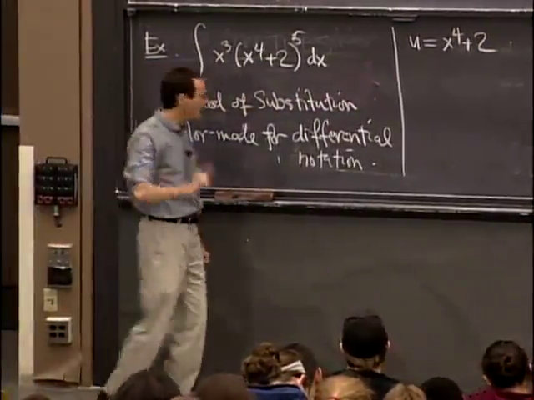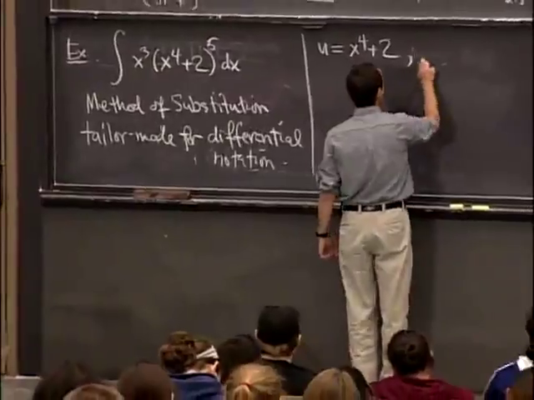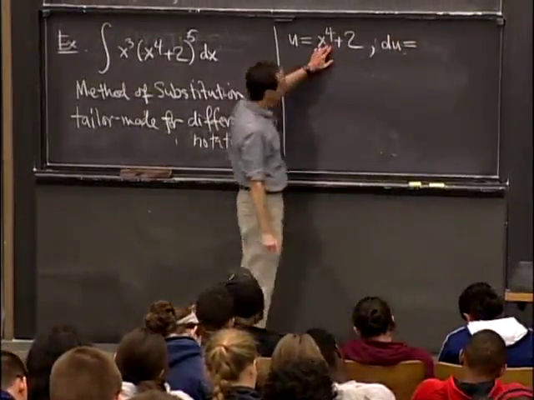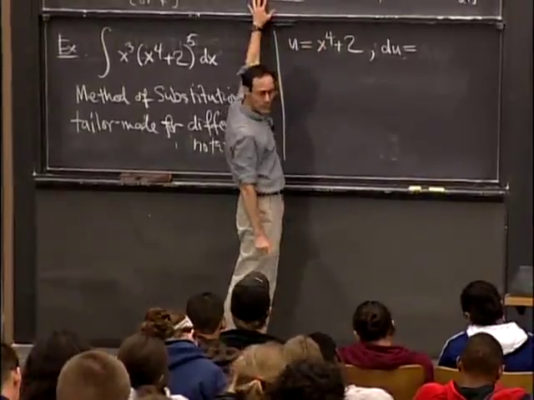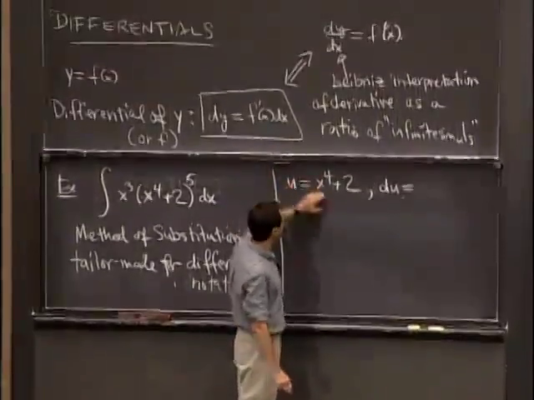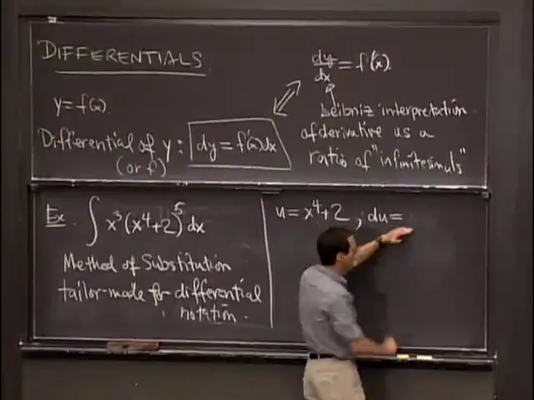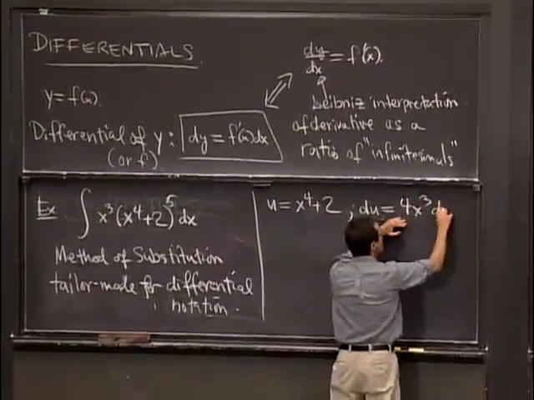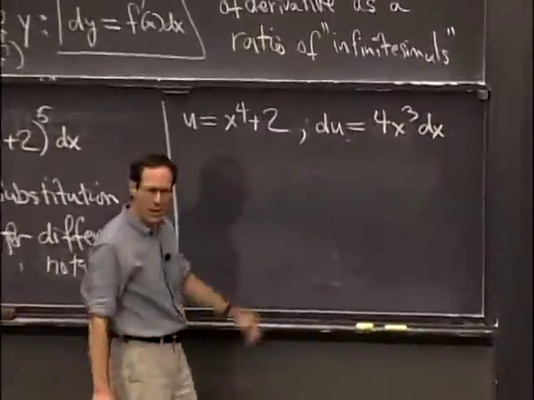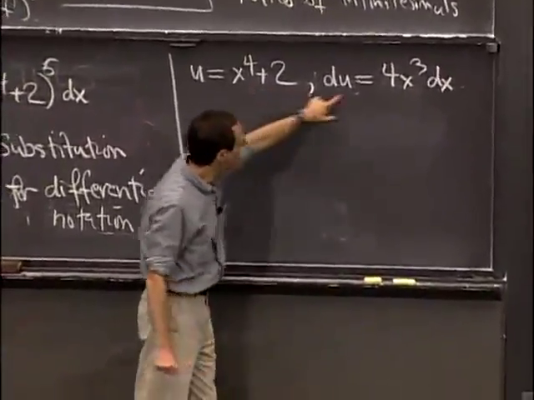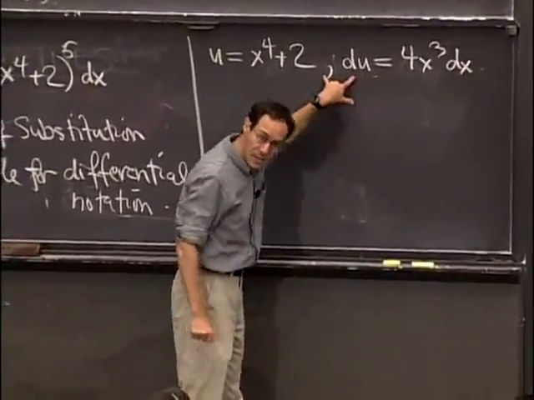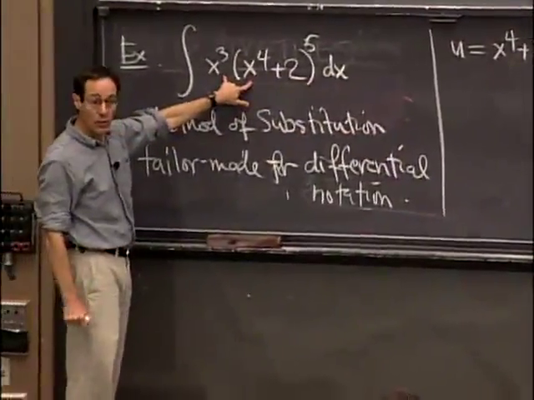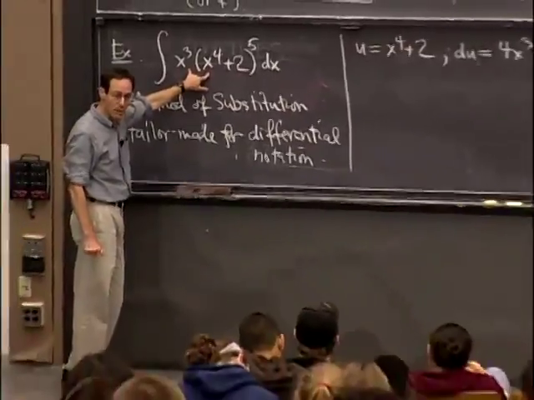And then I'm going to take its differential, and what I discover if I look at its formula is, and the rule for differentials, which is right here, its formula is what? 4x cubed dx. Now, lo and behold, with these two quantities, I can substitute, I can plug in to this integral, and I will simplify it considerably.